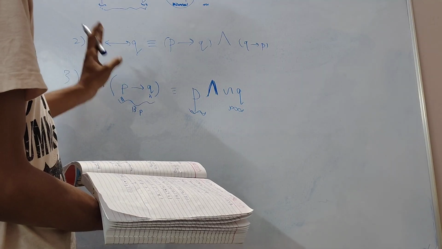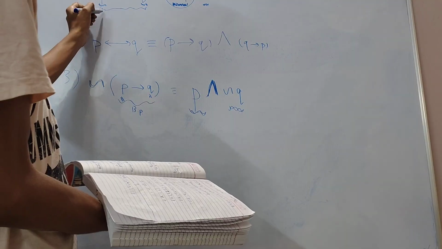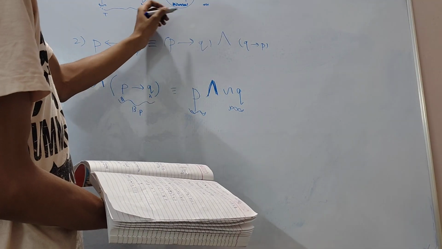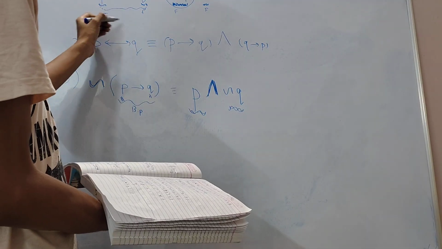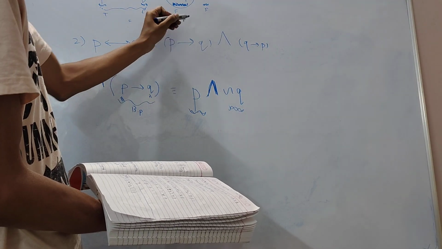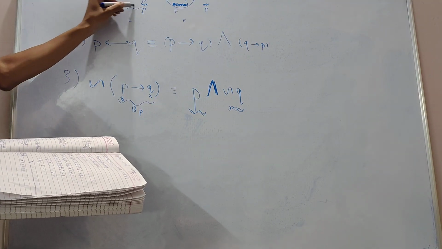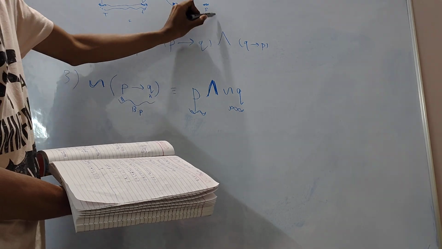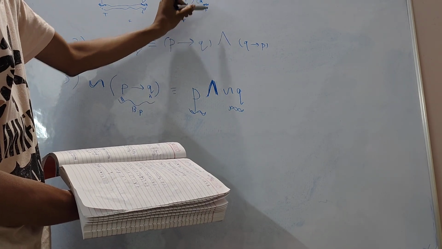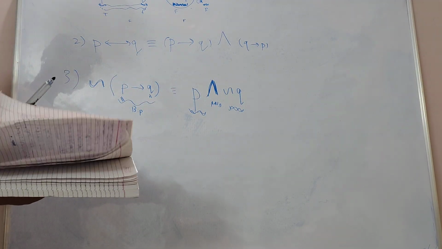So this fails only when P is true and Q is false, right? So this will be false. If P then Q, either P did not happen or Q happened, right? And this is the identity, right?